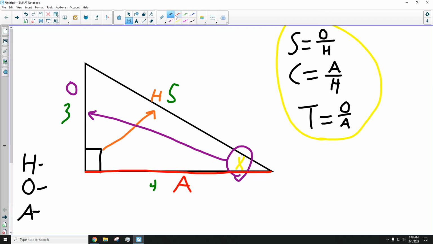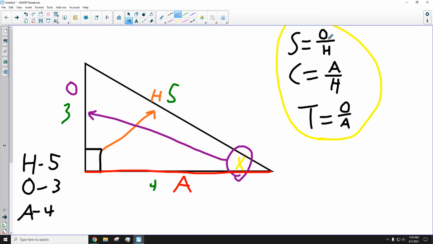Because we know that H is 5, O is 3, and A is 4. Sometimes it's easier to look at a list versus looking at the triangle. And then over here, you just fill it in.